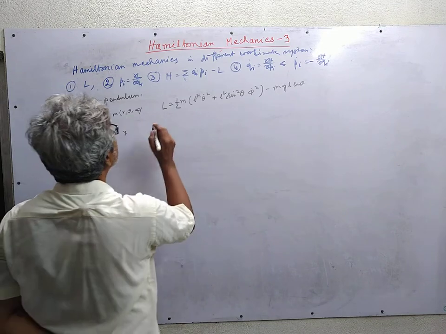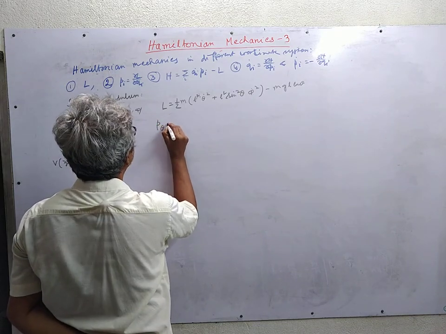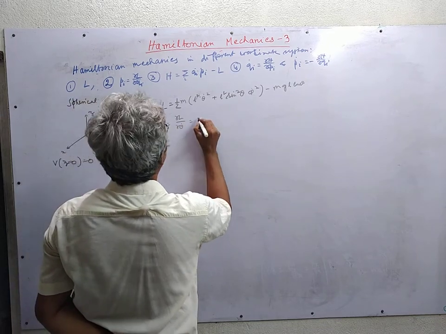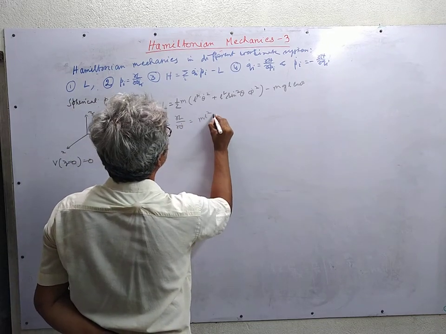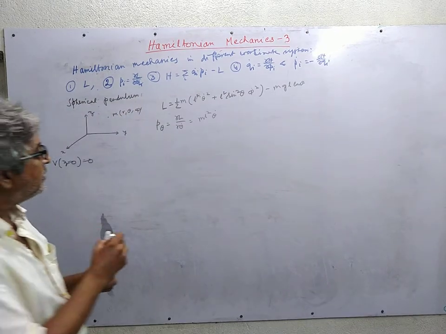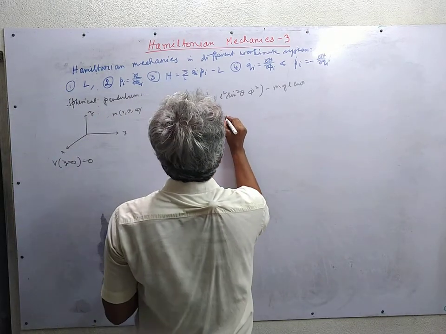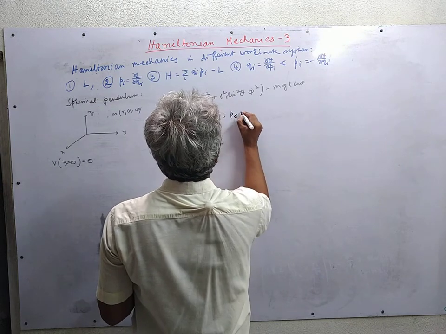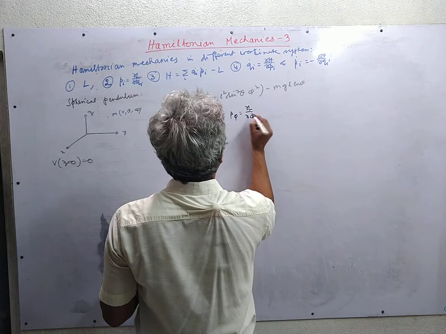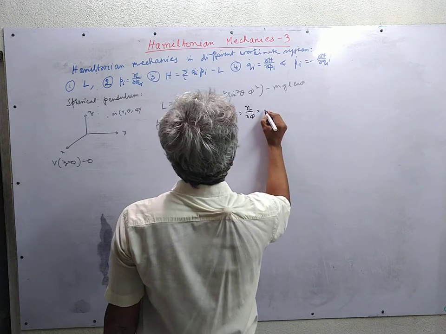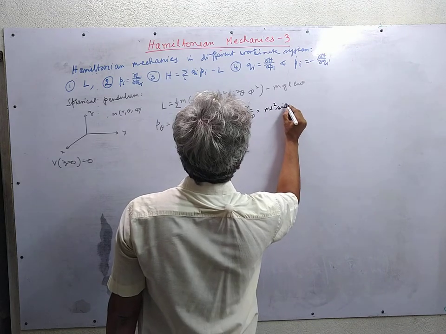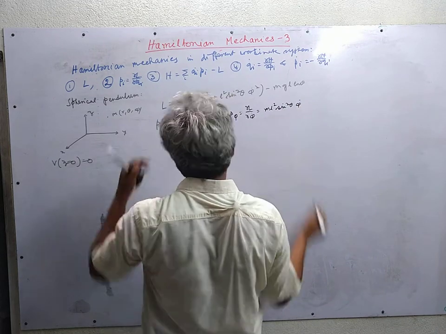So p theta is equal to del L del theta dot, which is m L square theta dot, and p phi is equal to del L del phi dot, which is m L square sine square theta phi dot.